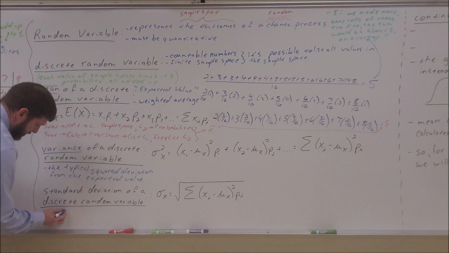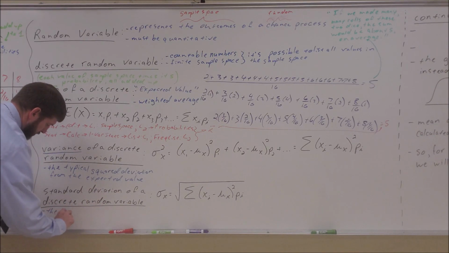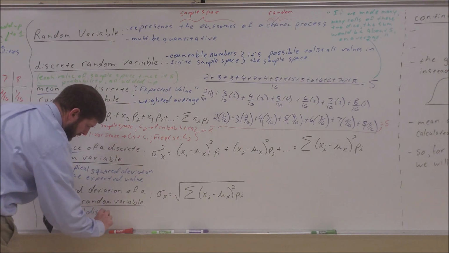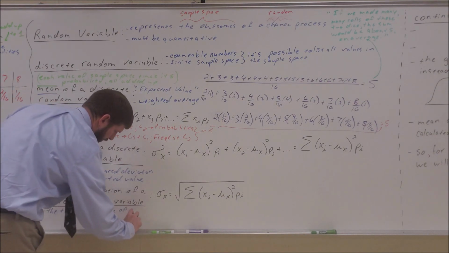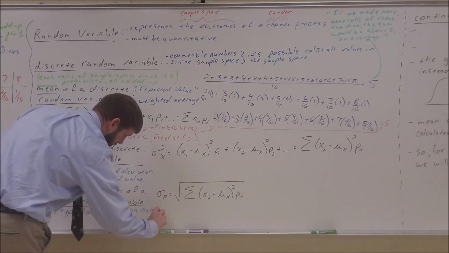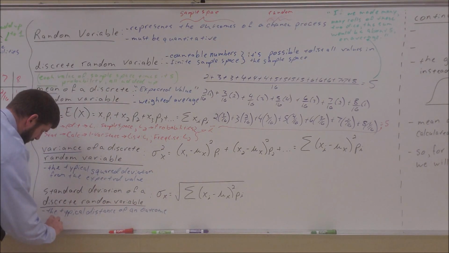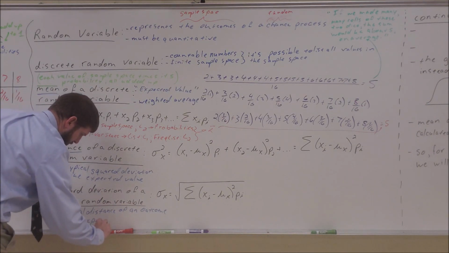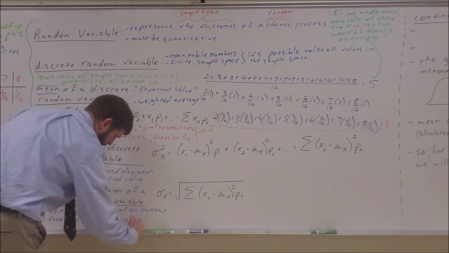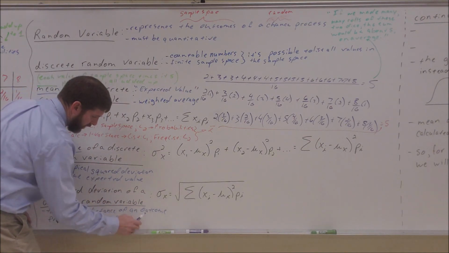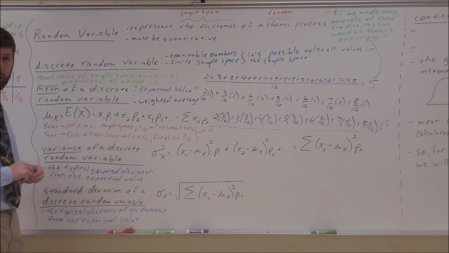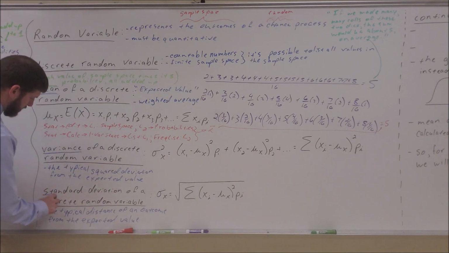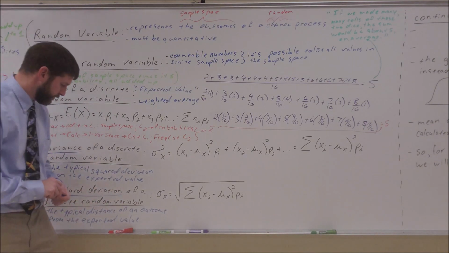So it's the typical distance, typical just meaning average, typical distance of an outcome from the expected value. So on average, how far off is any particular outcome from that estimated 5 that we're supposed to get? That's our standard deviation.